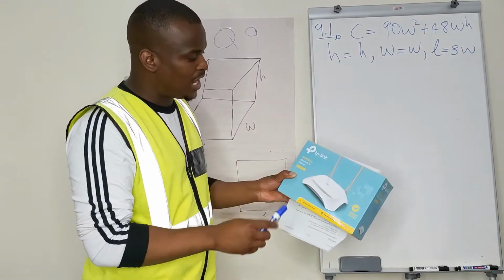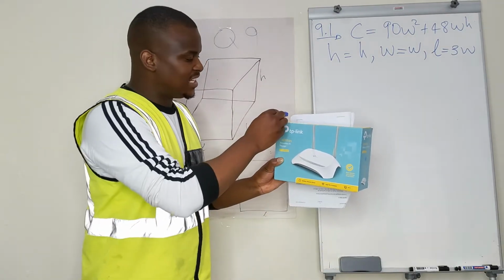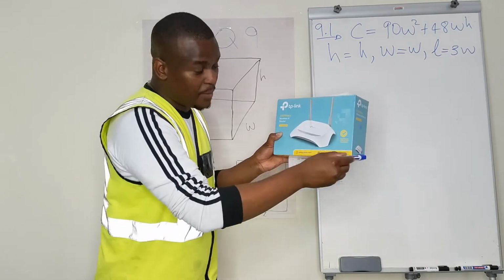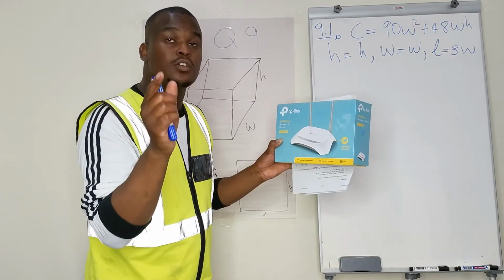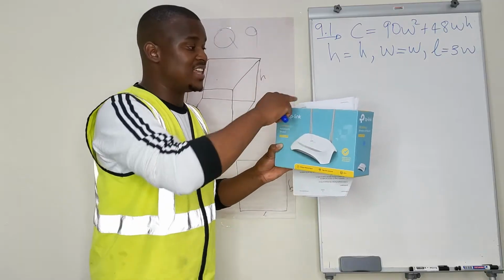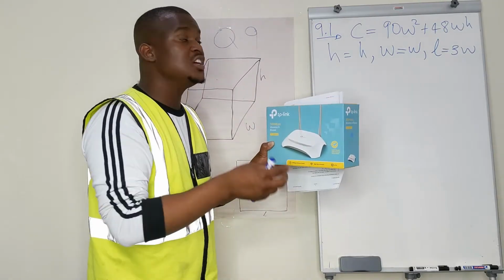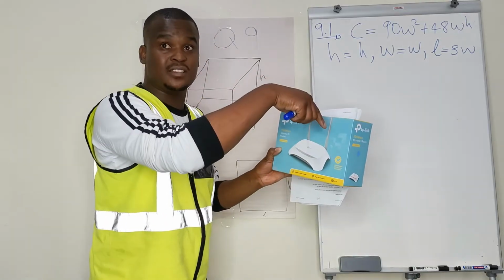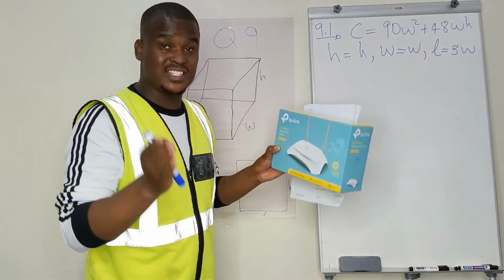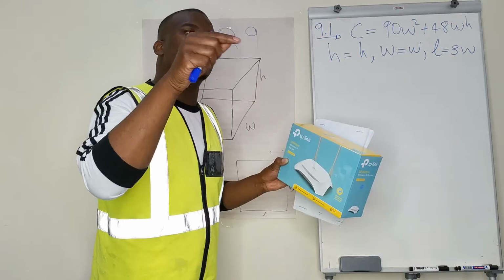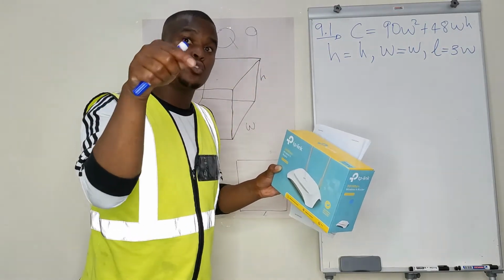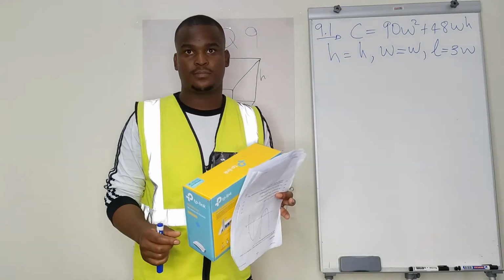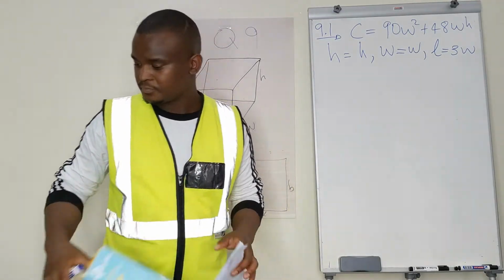So you need to calculate the area of the top and the area of the base, multiply it by 15 rand, because the area will be in square meters. And then also the area of the sides, multiplied by 6 rand, because that's how much it will cost to build the sides. That's how you do this.